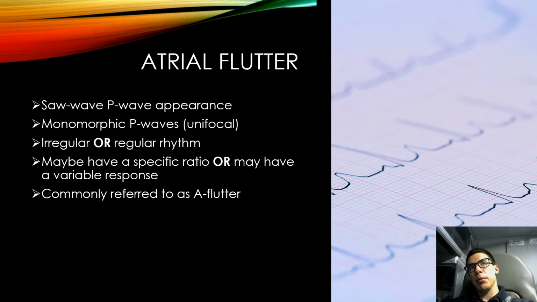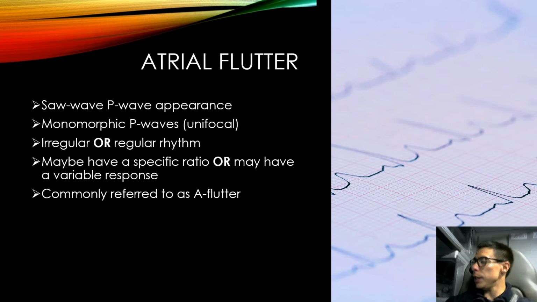The main problem in A flutter, as opposed to afib, where there's just disorganized depolarization and therefore disorganized beating of the atria or circulation of blood, is that the atria are firing too fast, and if the ventricles were to try and keep up with that pace, it could put us at a dangerously fast heart rate.